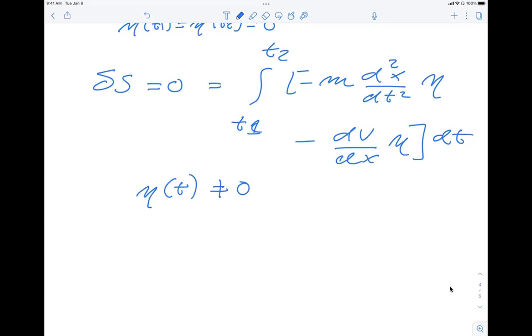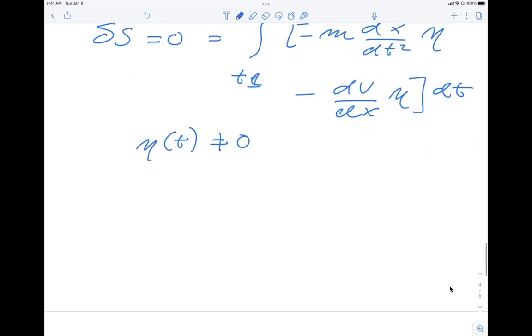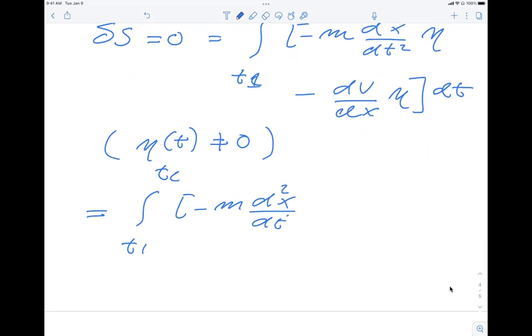So if you now look at the equation here, what this means is that we have to require simply that the integral from t1 to t2, where we can put η outside, of m times the second derivative of x with respect to time, minus dV/dx, times η multiplied with dt.